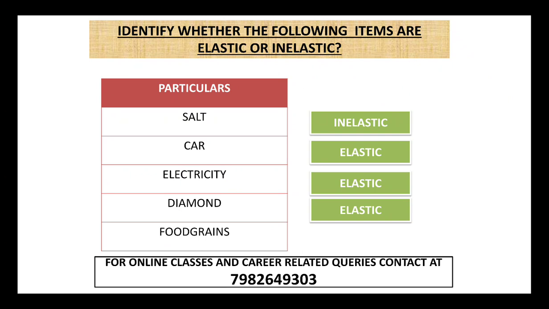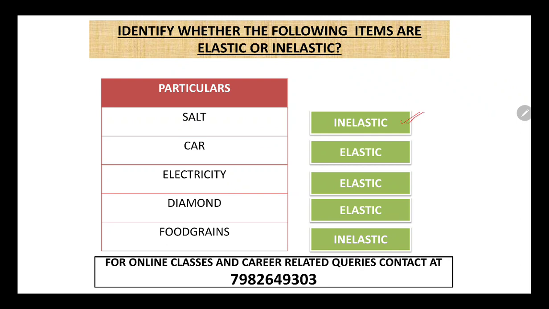The next one is food grains. Food grains are again a basic necessity, so that is why it is inelastic in demand. I hope all of them are clear. I'll repeat it again. Salt is a necessity, therefore inelastic.